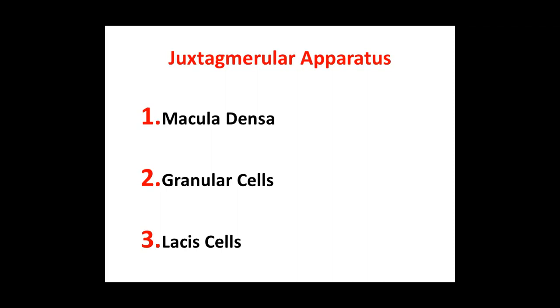These lacis cells are nothing but extraglomerular mesangial cells. What are mesangial cells? I described them during my cardiovascular lectures. Please recapitulate, I don't have time to discuss it further. These mesangial cells are loose pericytes, extraglomerular mesangial cells.